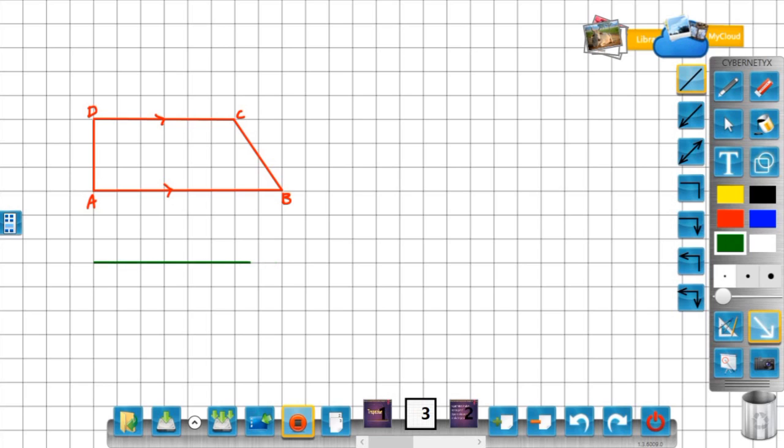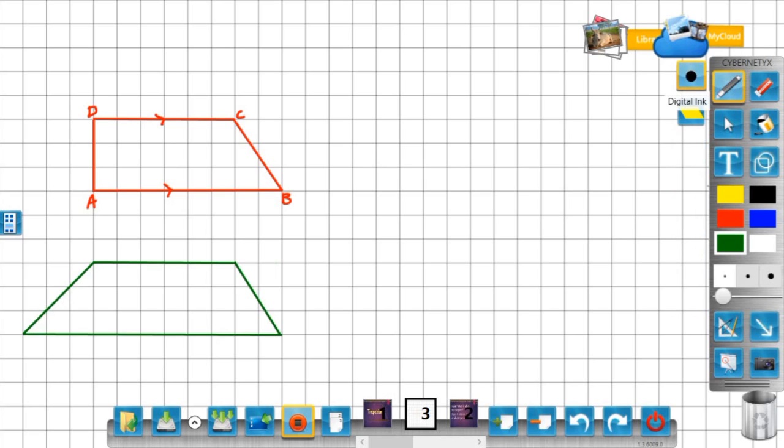Draw one more trapezium. See here, this is a trapezium. You have to draw one more side. Yes, now it is a trapezium.